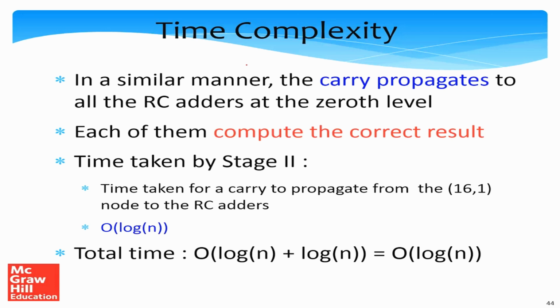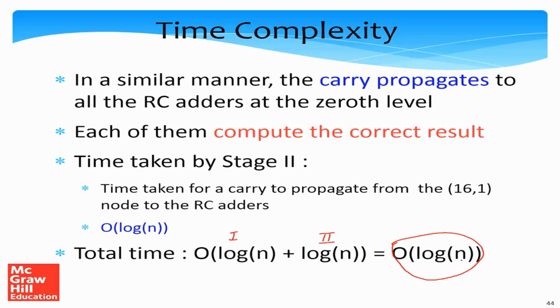And since we go down one level in each time unit, it has order of log n steps. So basically, stage 1 took order of log n steps. Stage 2 takes order of log n steps, and addition at the end is constant time, so we ignore. So here we go. The total time that it takes is order of log n, which is exactly what we had set out to prove.